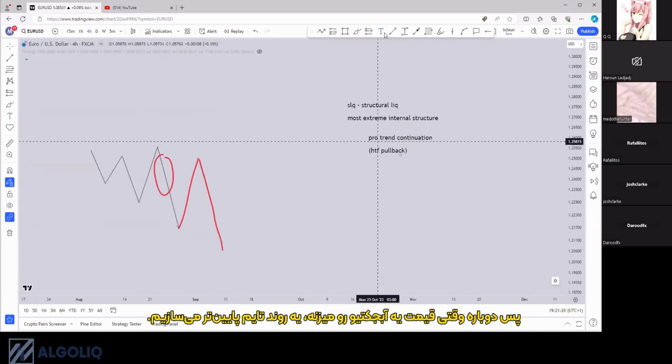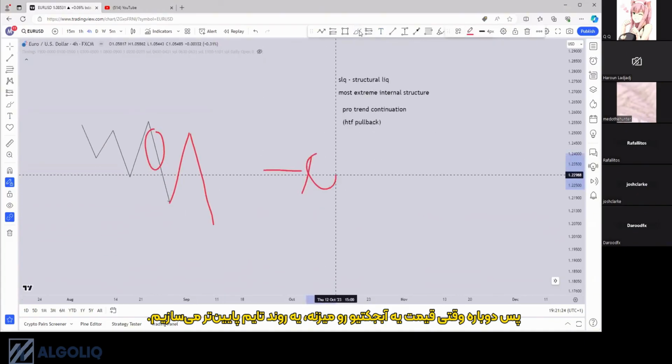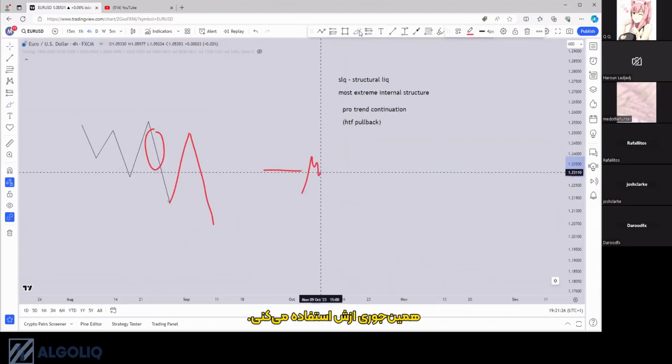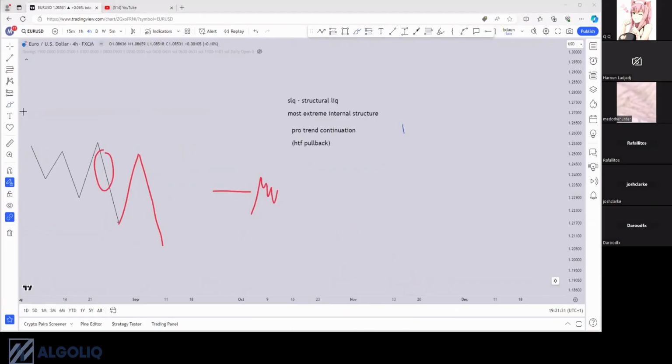So again, when price takes out some objective, we create a lower time frame trend. We just use it like this, and in practice, it will look like this.